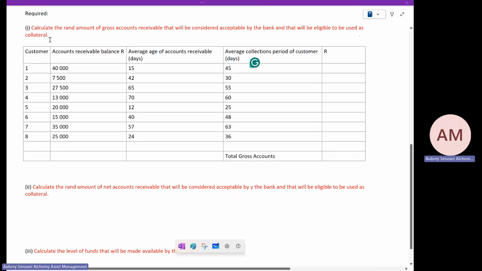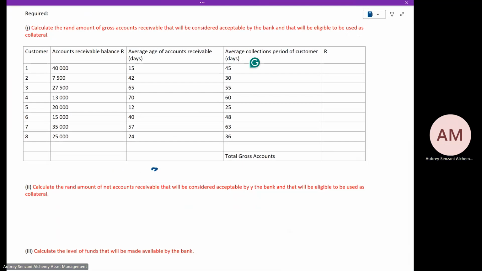Remember what they said the criteria was? 20 days or less, right? From the end of the company's credit period, all right? So basically they're saying 30 days plus 20, which obviously gives us then 50 days, okay? So they must be able to collect this money within 50 days, okay? That was the first criteria.